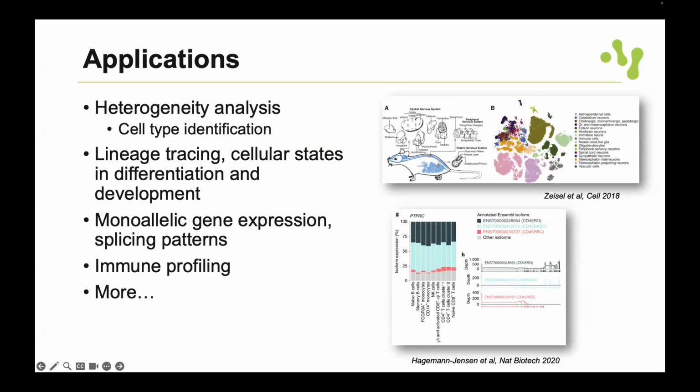Creating big atlases has been big projects using these technologies. But also lineage tracing, during cellular states in differentiation and development. This technology has proven very useful. It can also be used to look at monoallelic gene expression, splicing patterns, and immune profiling on the single cell level.